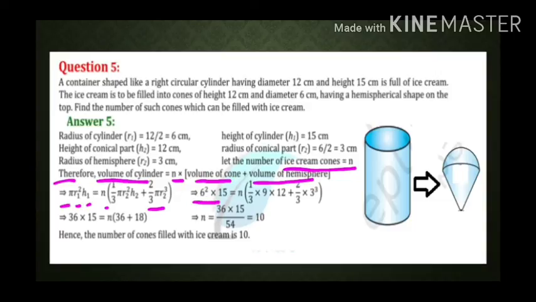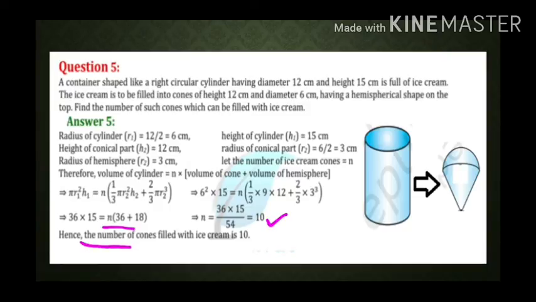Put the values of R1, H1, R2, H2, R3. Here R3 is the radius of the hemisphere and R2 is the radius of the cone, and both of them are the same. Just compute it, the value of n will be 10. So the number of cones filled with ice cream will be 10.